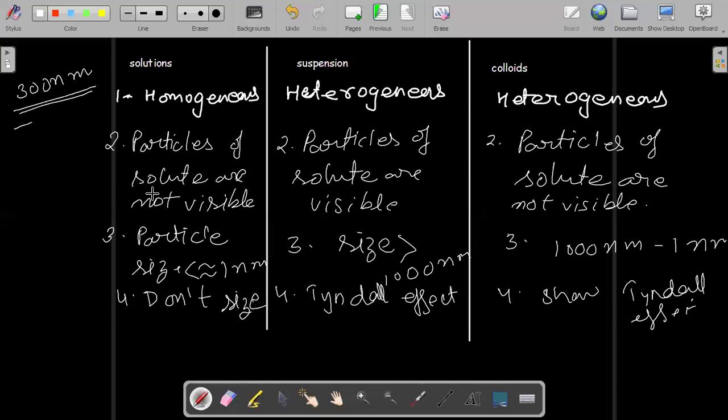The reason is the wavelength of light. The wavelength of light is about 450 nanometers to 750 nanometers. So few colloids show the Tyndall effect and few don't? No, all the colloids show the Tyndall effect.